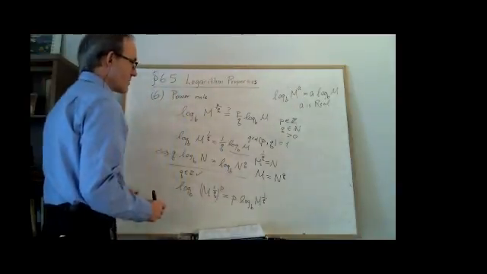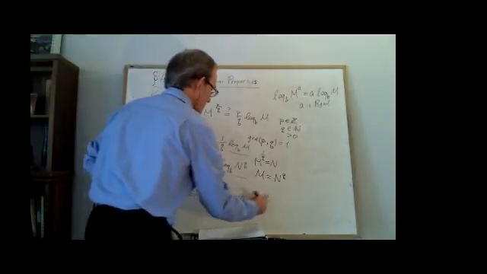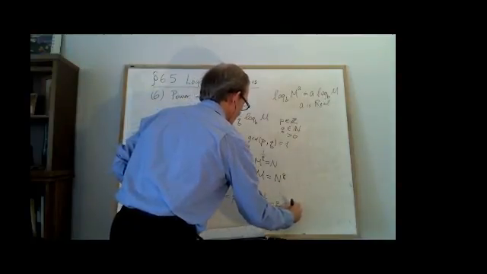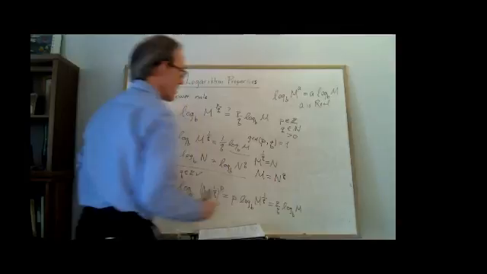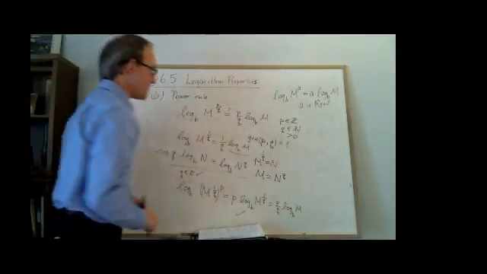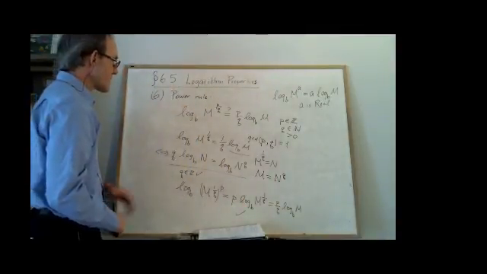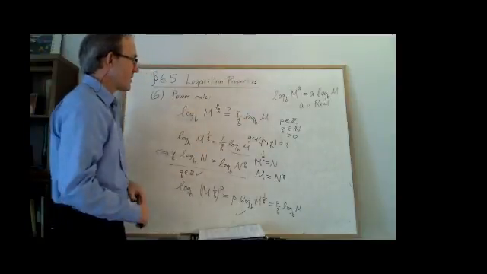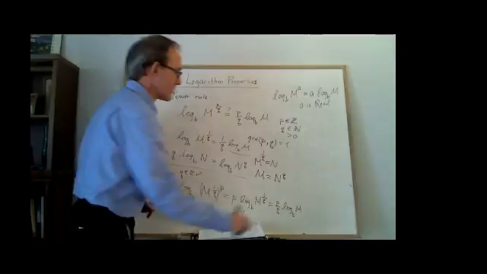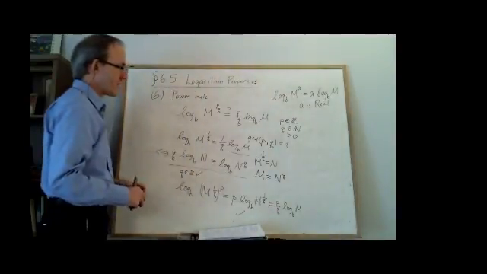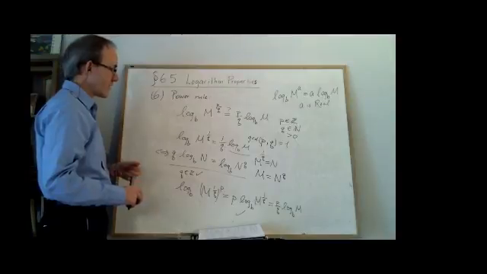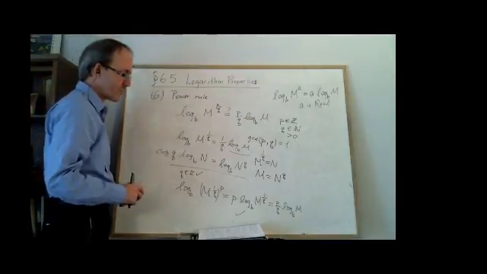I'm left with m to the 1 over q, and then the 1 over q comes out second, and I get p over q. And that proves it. So I combine my simpler results here to prove the general expression, and use the rules for powers that are integers, which I learned from before.